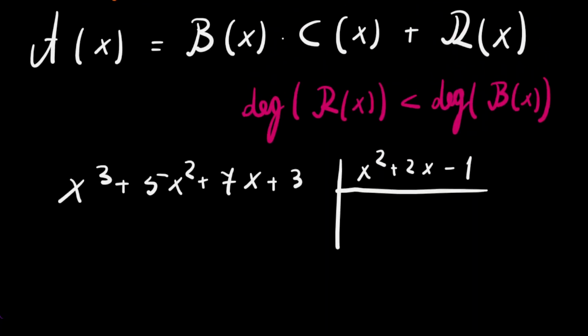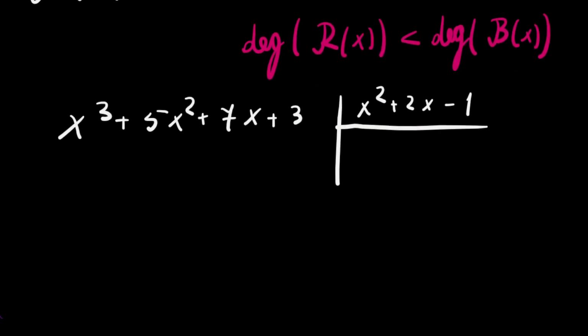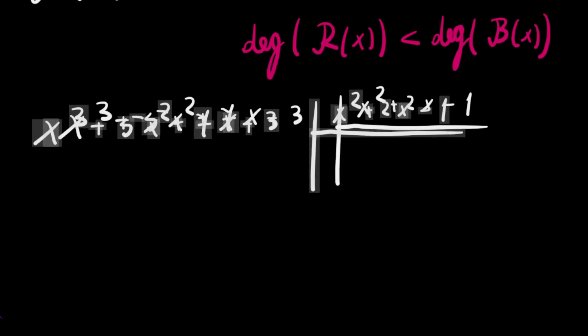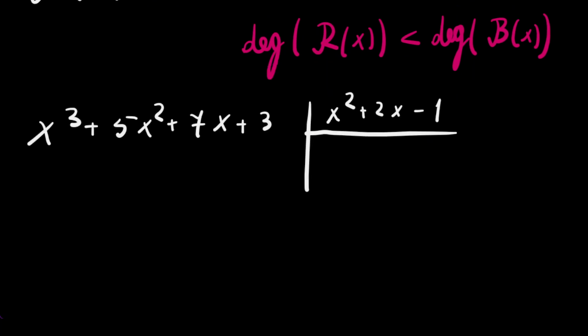What you have to be very careful about is that you have to choose a suitable multiple of x to eliminate the maximum degree term from the first polynomial. So I will start with x. And I will have x cubed plus 2x squared minus x.